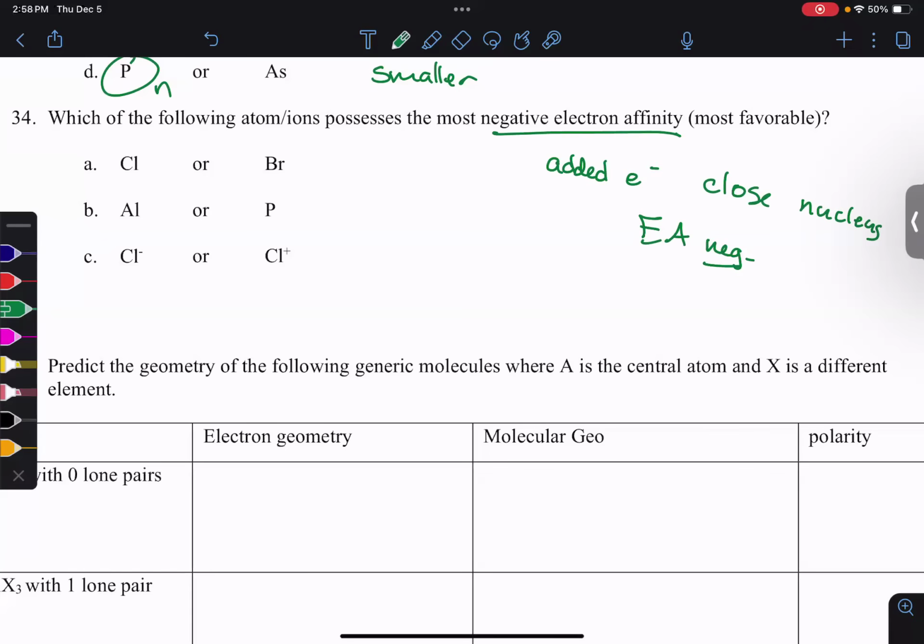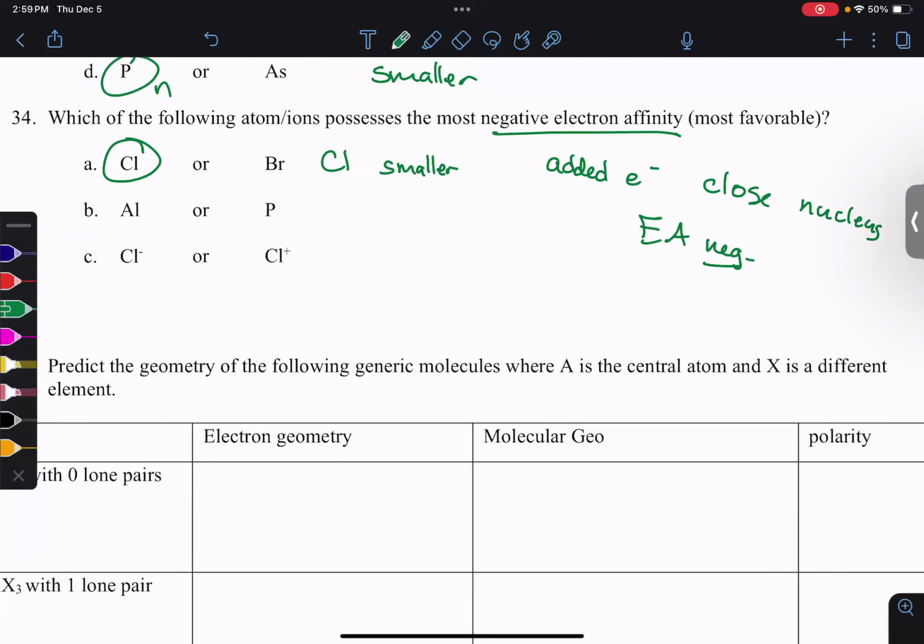So when looking at chlorine or bromine, chlorine is more favorable to add an electron because chlorine is smaller. When you add an electron to chlorine, you put it closer to its nucleus than putting it on bromine. Bromine is larger, so when you put an electron on it, it's not as close to its nucleus. Nucleus is where all the positive protons are. That's where the attractions are. So here we get more payback in terms of energy released when we put an electron on chlorine.